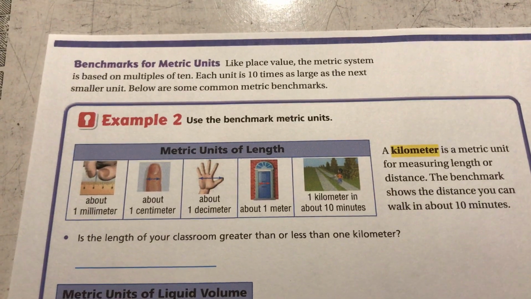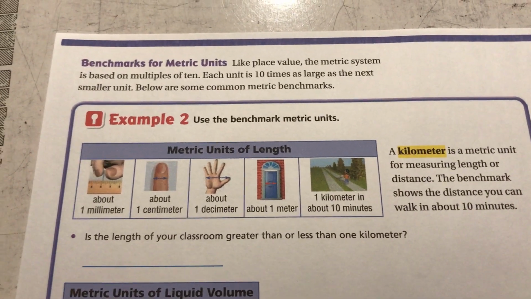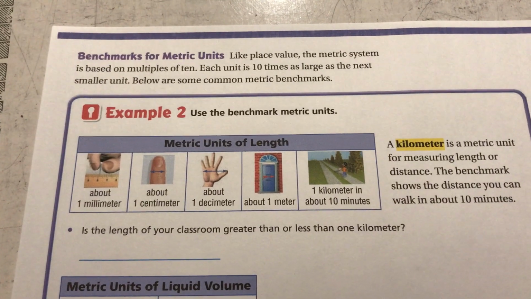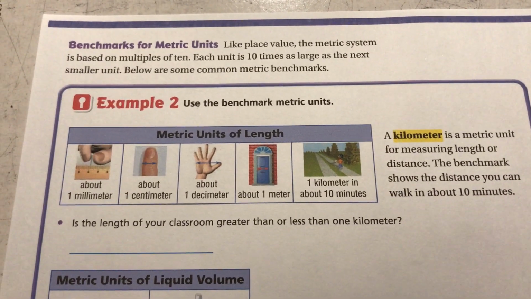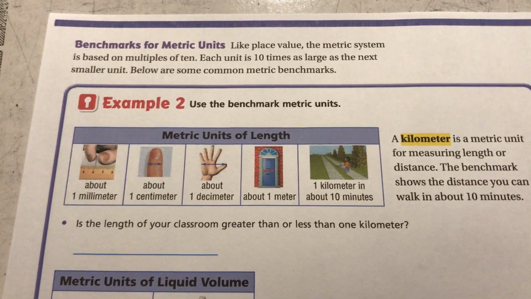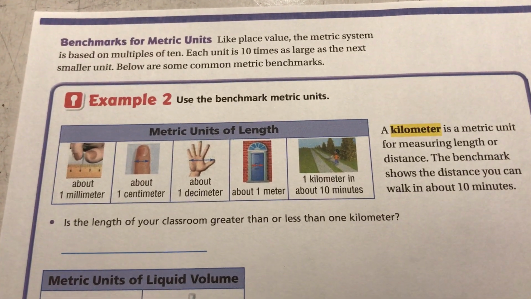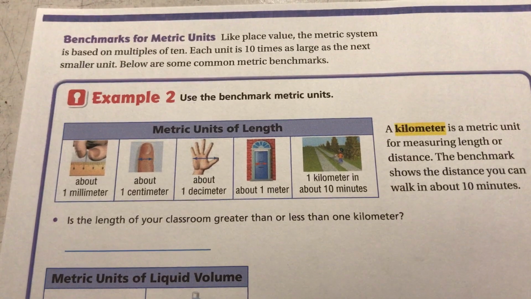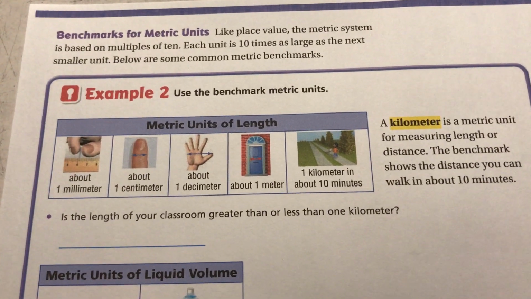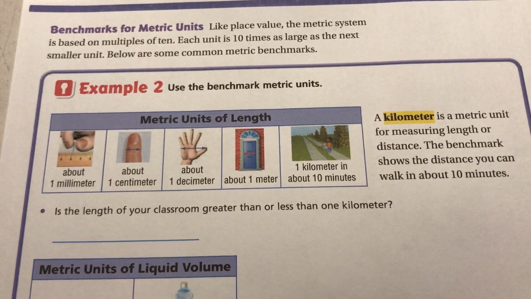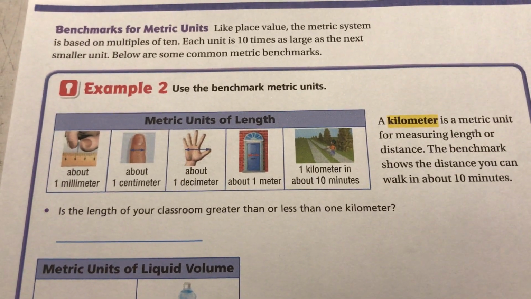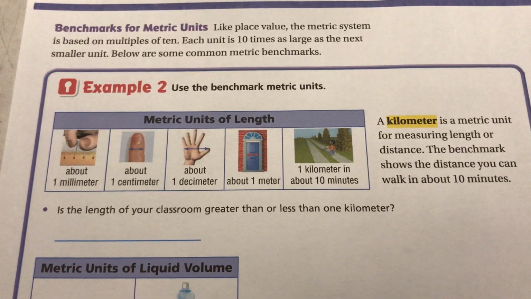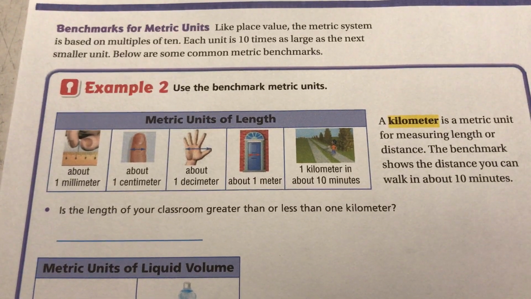Now, when we get into all the lessons for metric, you'll see that actually the metric system is really easy to deal with. And when I was a little girl, back in the 70s, the United States, we were supposed to convert over to the metric system, but that never happened. And one of the reasons why they wanted to convert us back then is because professionals, like scientists, all wanted to be talking the same language.